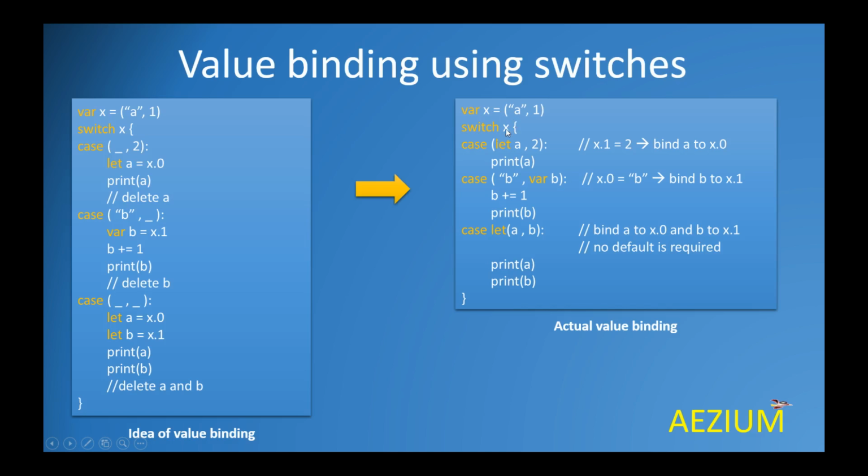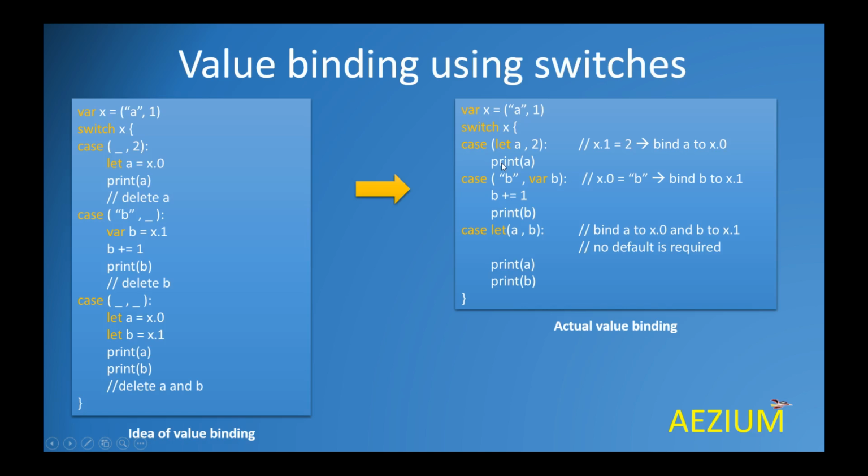So in this case, we want to assign the first element of x to a. So we put let a in the position of the first element of our tuple.